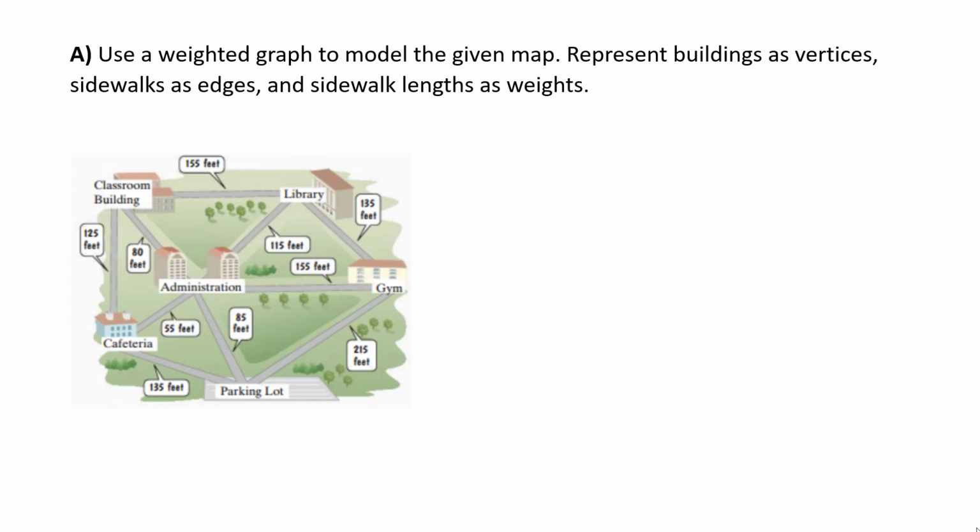A. Use a weighted graph to model the given map. Represent buildings as vertices, sidewalks as edges, and sidewalk lengths as weights. I'll begin with the classroom building. I'll use a dot, a vertex.